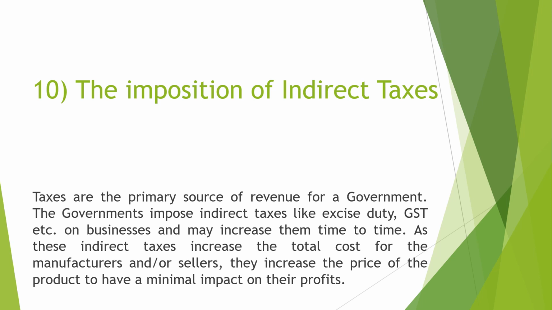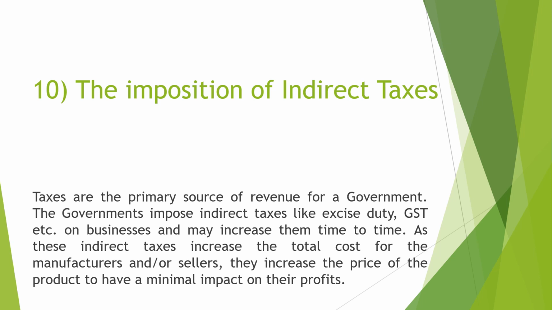So when the government increases the rate of indirect taxes like GST or excise duty, you must be knowing what the government has done recently, so that in spite of a decrease in oil prices in the international market, the prices of diesel and petrol have not decreased considerably in the local market. Why? Because the government has increased excise duty on those petroleum products.